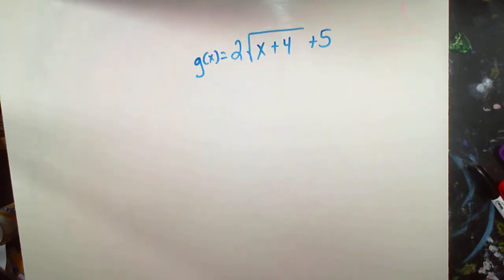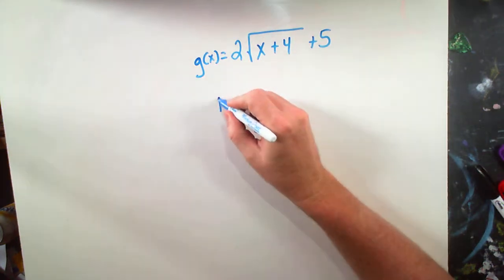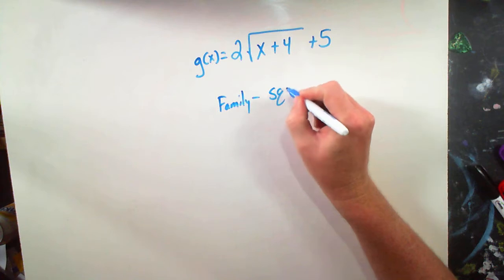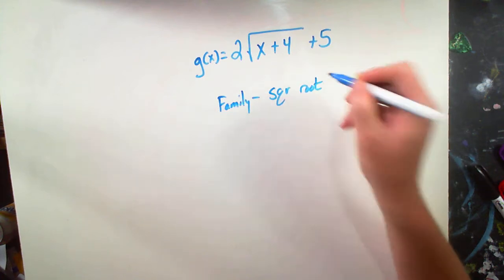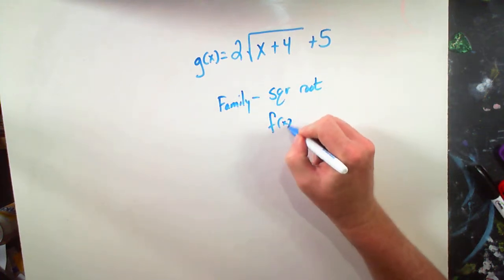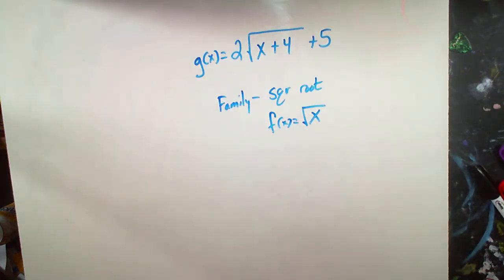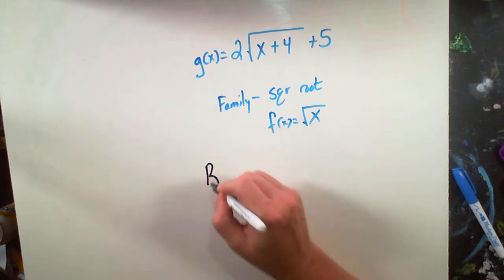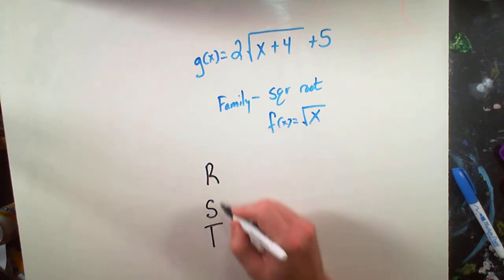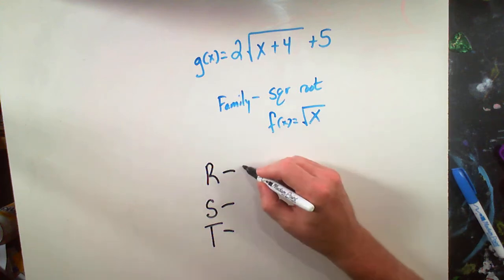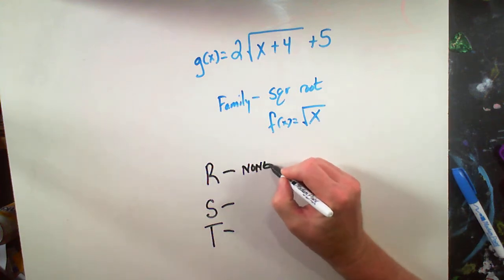All right, so our family of function. This is going to be a square root function. So the parent function is going to be f of x equals the square root of x. Transformations listed in order are R, S, T. So do we have reflections? No. So we just put none.